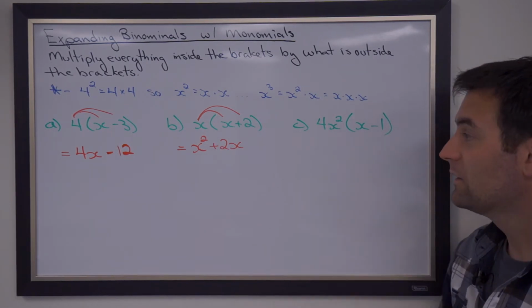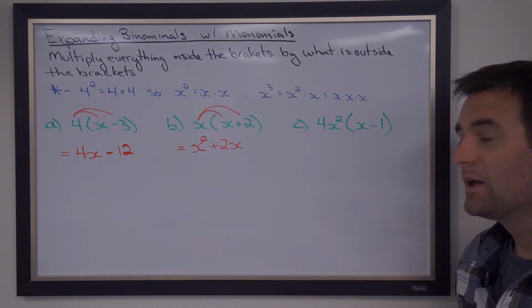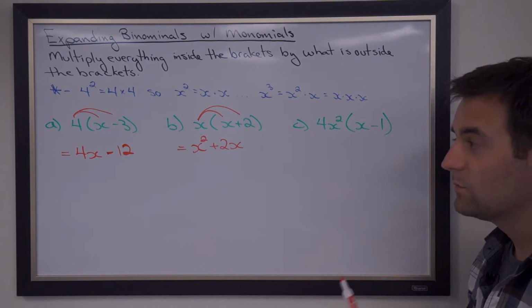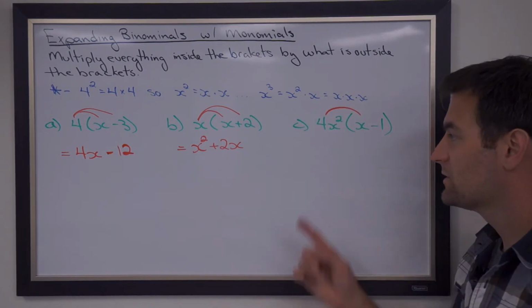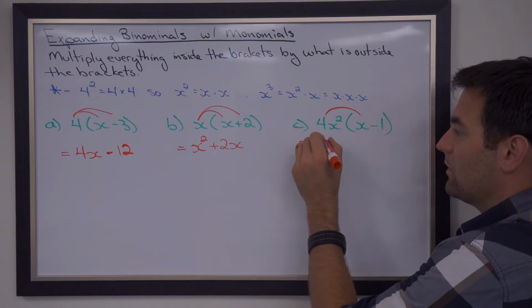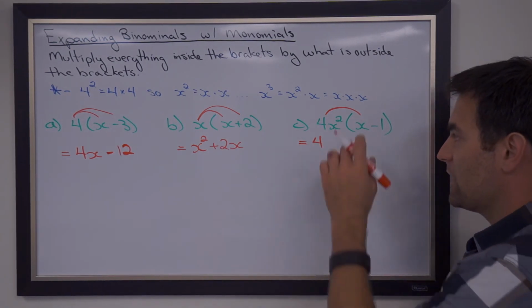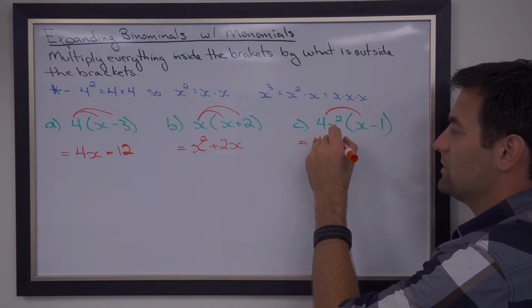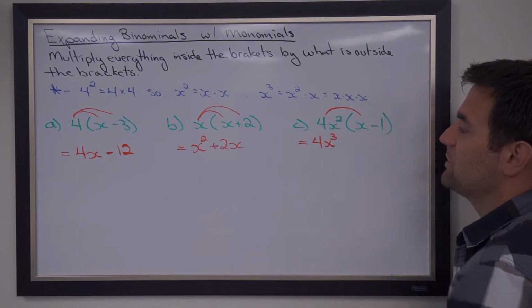And finally, we have an example where we have both a number and a letter. In this case here, we follow the same procedure. 4x squared times x. Well, we can't multiply the 4 and the x together, but we can multiply the x squared and the x, we get x cubed. Write that a little clearer. x cubed.